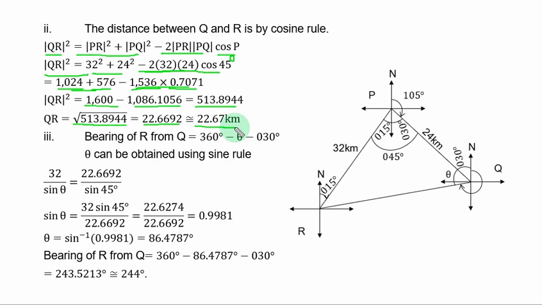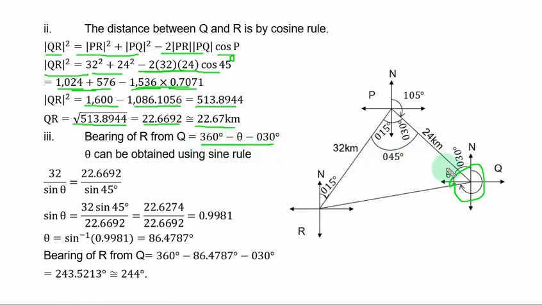Roman figure 3, bearing of R from Q, as I have explained earlier, is from the north because it's always 3 digits, and in 3 digits you always start moving from the north to that line that joins Q and R together. So we need this complete angle, which will be subtracted from 360 to get the bearing.